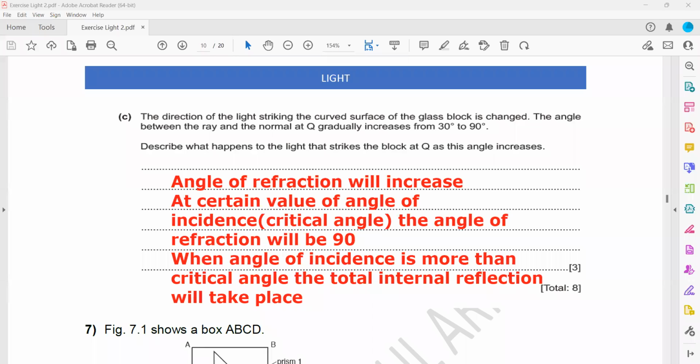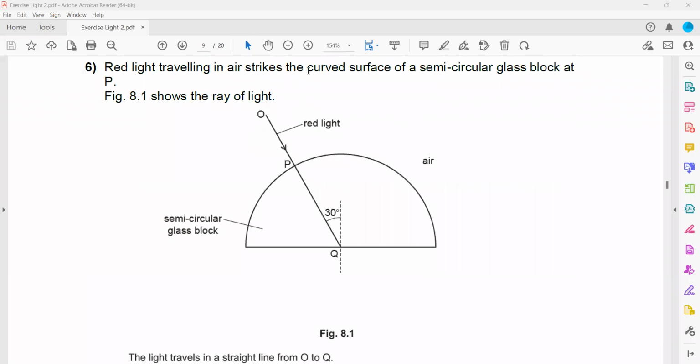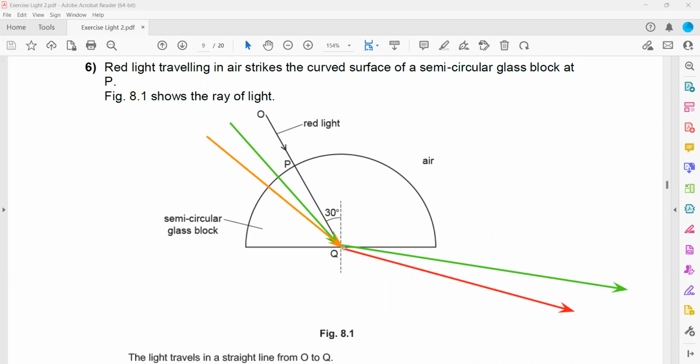In total internal reflection, what actually happened is, as we increase this angle, first it was 30, then the angle of refraction was 48.5. If we increase the angle of incidence, the angle of refraction will also increase. At a certain value of angle of incidence, the light will travel at 90.